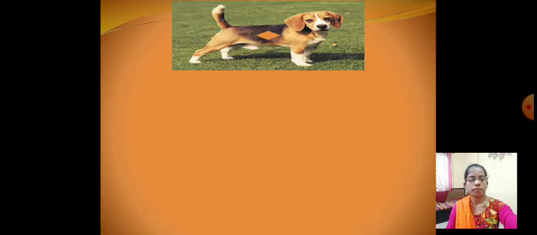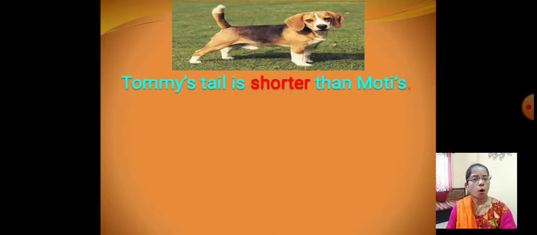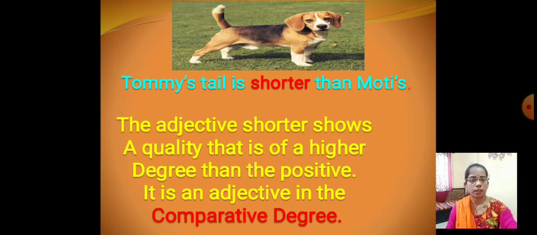Next one. Tommy's tail is shorter than Moti's. Here Tommy's tail is compared with Moti's tail. Here we use the adjective shorter. The adjective shorter shows a quality that is of a higher degree than the positive.